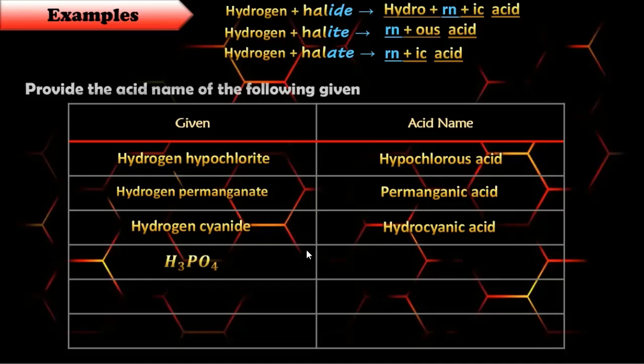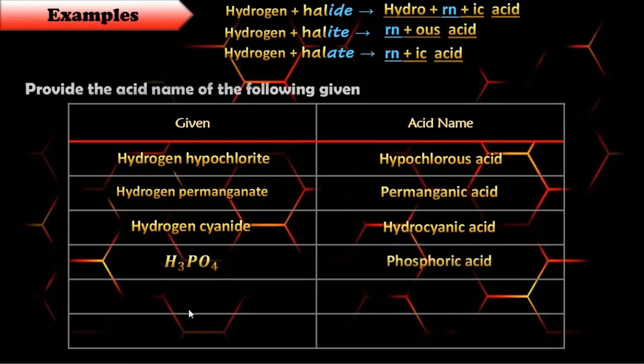And we have here the symbol H3PO4, and that is hydrogen phosphate. PO4 is phosphate, ends with ATE, therefore root name plus IC acid. The correct answer is phosphoric acid.